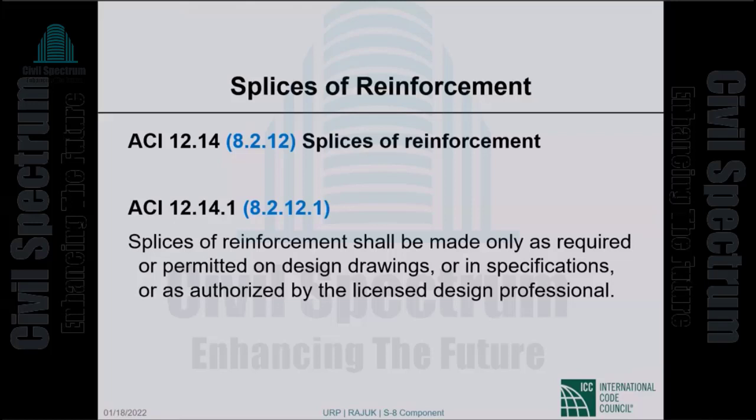Now for the first time we are coming to the big topic of splices of reinforcement. Just so that we know exactly where we are: splices of reinforcement.